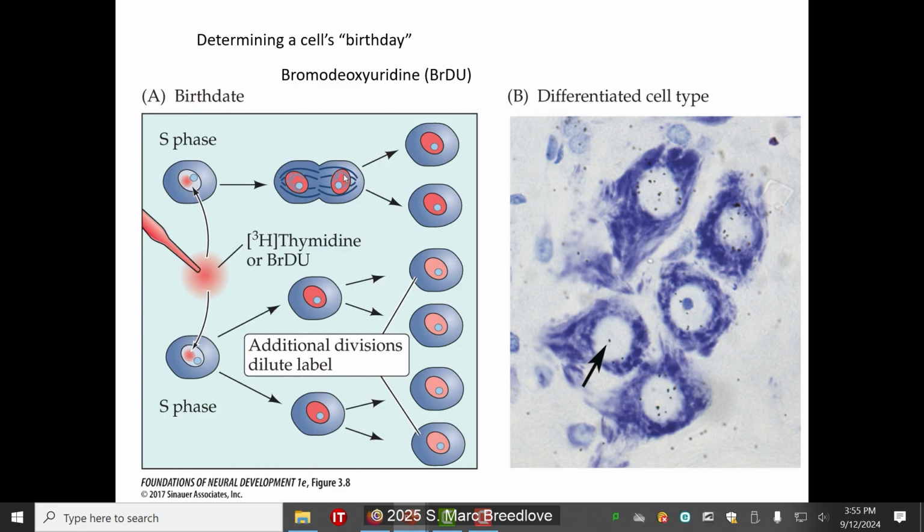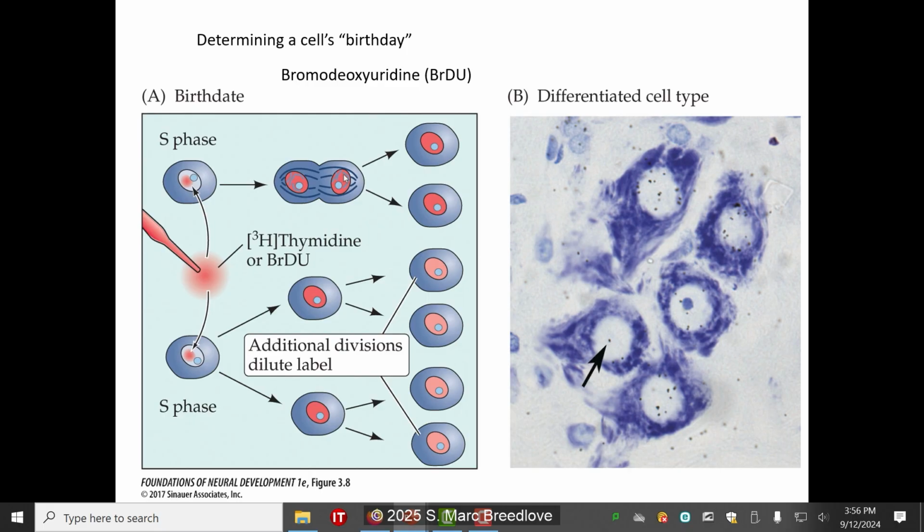And once they stop dividing, that thymidine is there forever, for the rest of the animal's life. So now you have a marker for this cell, and you can look much later into adulthood: this cell must have been dividing, or at its last division or near to last division, back there on day 12 of gestation when I injected the stuff.